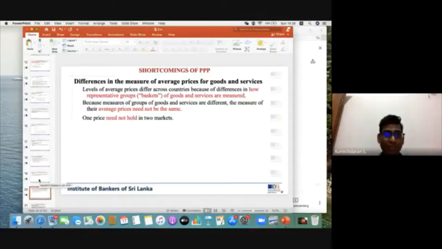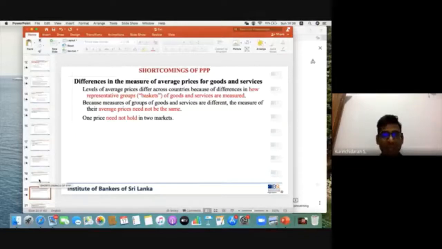That means the level of average price differs across countries because of differences in how representative goods, groups of goods and services are measured. If your calculation is different, definitely you're going to have a different price level and movement. Because measures of groups of goods and services are different, the measures of their average price need not be the same. Therefore, one price need not hold in two markets.